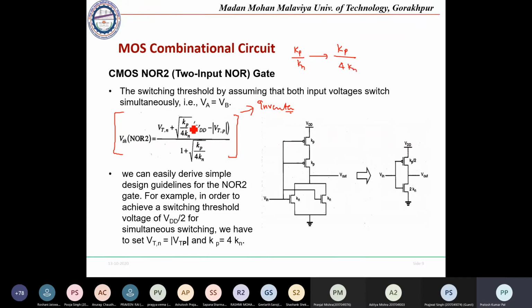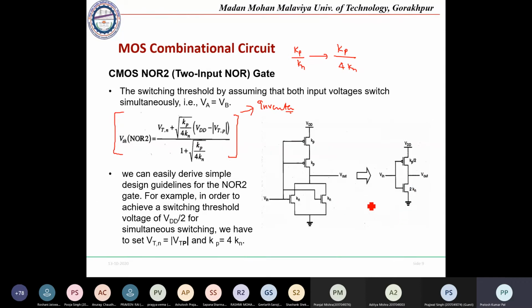That is how this ratio is coming out. We obtain it just by converting the CMOS NOR implementation to its equivalent inverter.